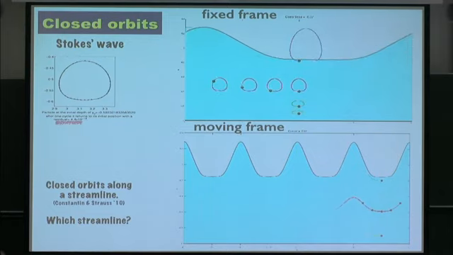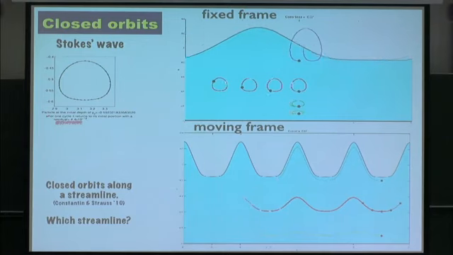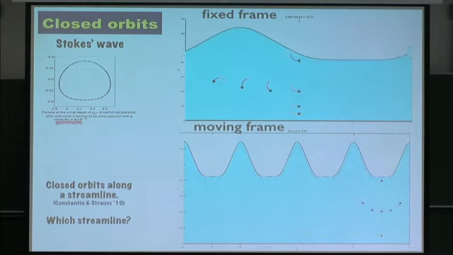And I think, and Adrian or somebody else might correct me if I'm wrong, it's of course known it's over a streamline, but given a wave profile and so on, one cannot predict exactly which streamline, where is it? Is that correct? So anyway, it's very sharply on the streamline, the points following here.